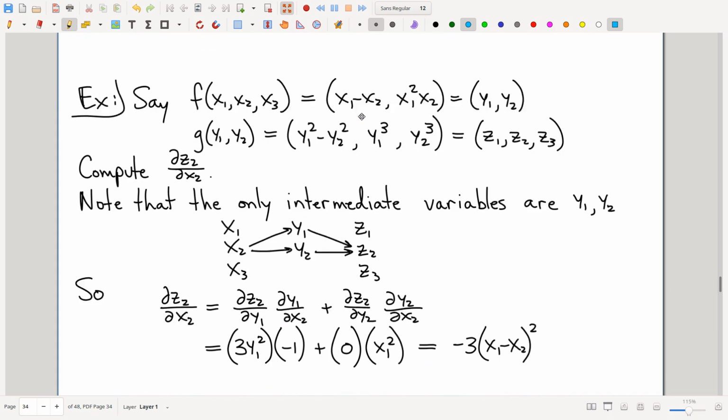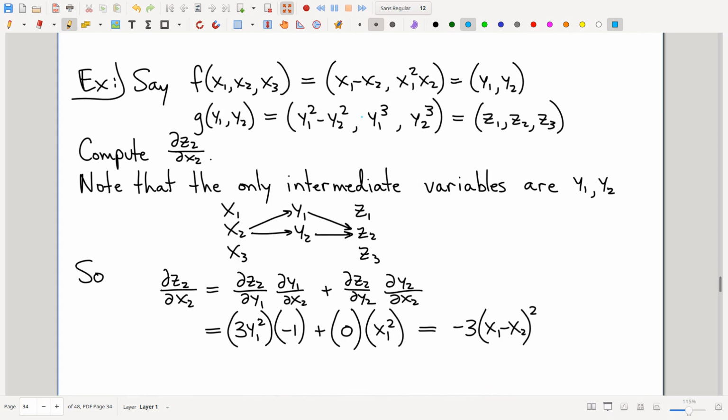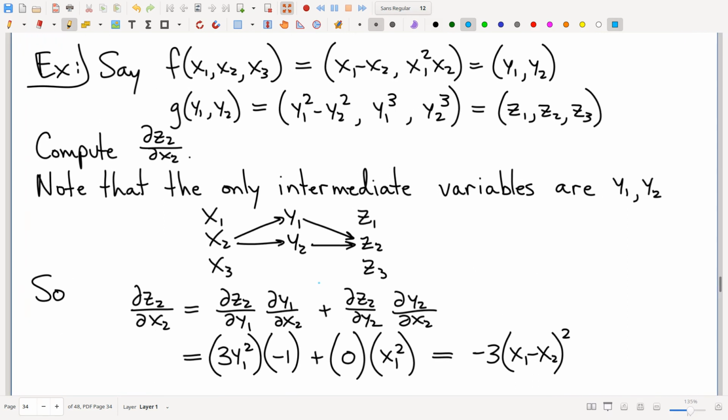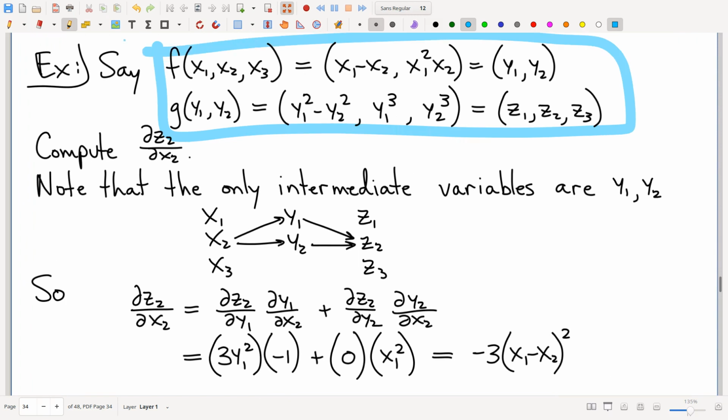Okay, here's a specific example. Let's suppose that we have f and g given, like so. Notice that what comes out of the f function is what goes into the g function.